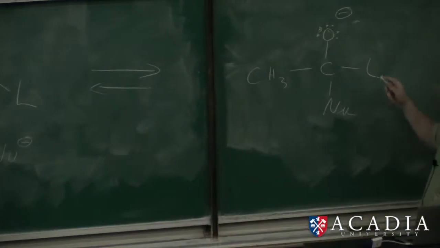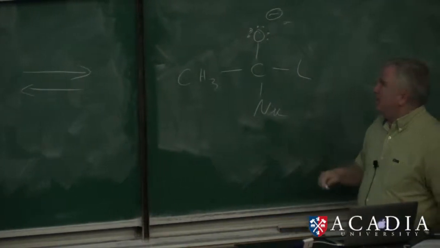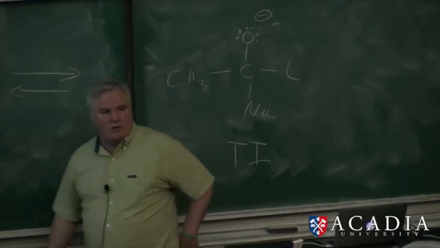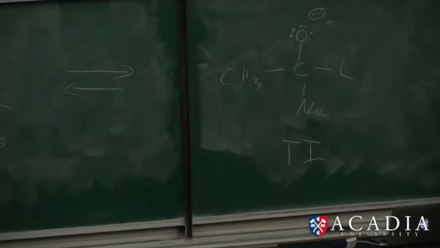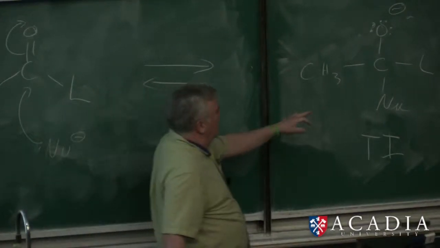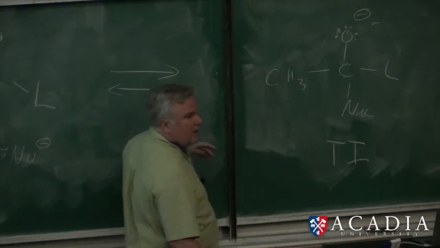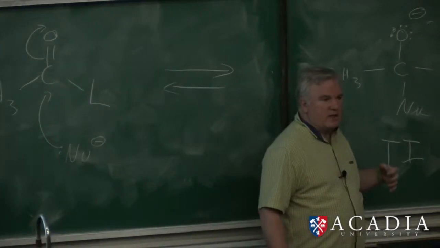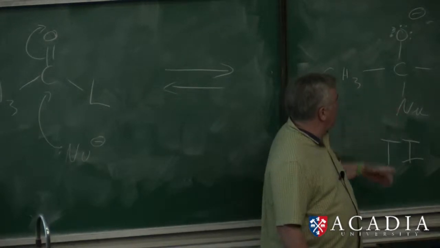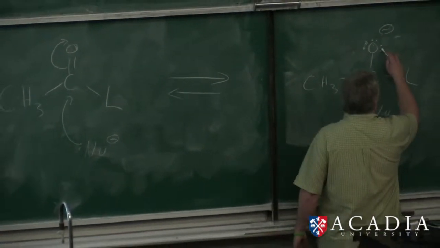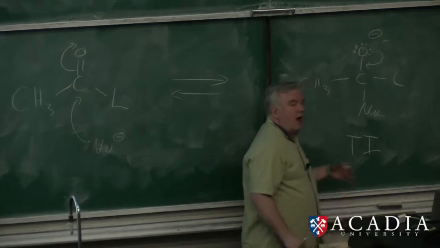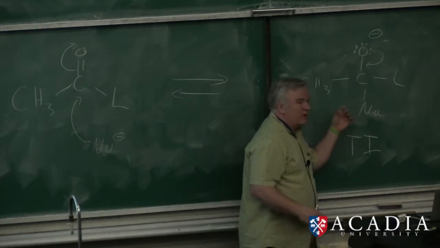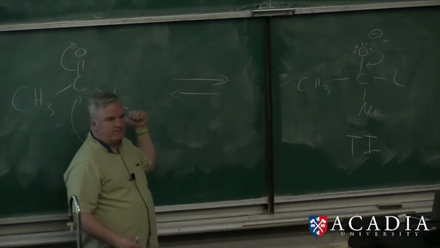Okay. Now we have this thing which we call our tetrahedral intermediate, and you'll often see that as TI, tetrahedral intermediate, because we've gone from trigonal planar carbon to tetrahedral. Our carbon has gone from sp2 hybridized to sp3 hybridized. Now this thing can reform the carbon-oxygen double bond, and when it does, it has to get rid of something. And if it just gets rid of the nucleophile, it goes backwards.